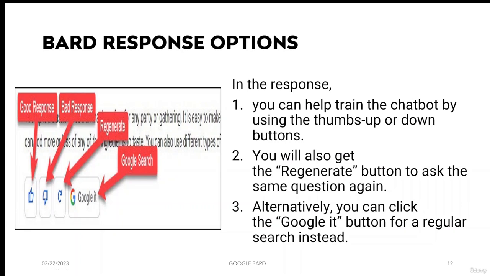The another useful thing you need to know here is, for any Bard query, you would see 3 of the following icons. So one is thumbs up, thumbs down, a good response, bad response. If you don't like the answer, you can regenerate the response, or you can also look at Google search, where it will cite the sources where it got the data from.